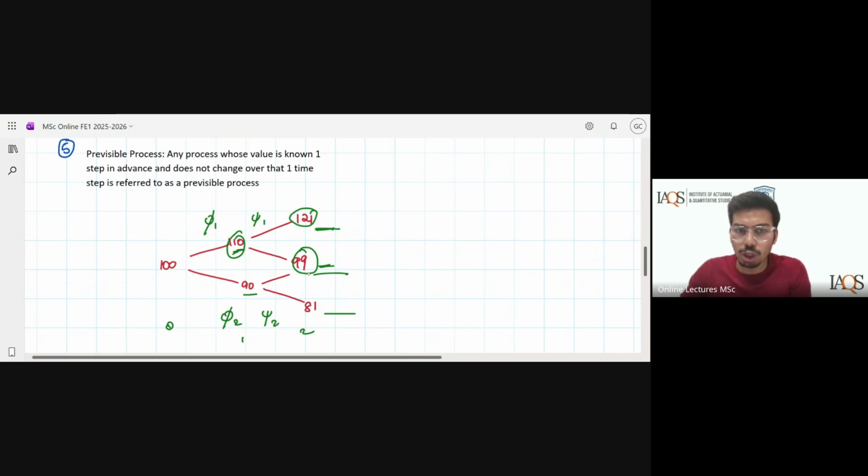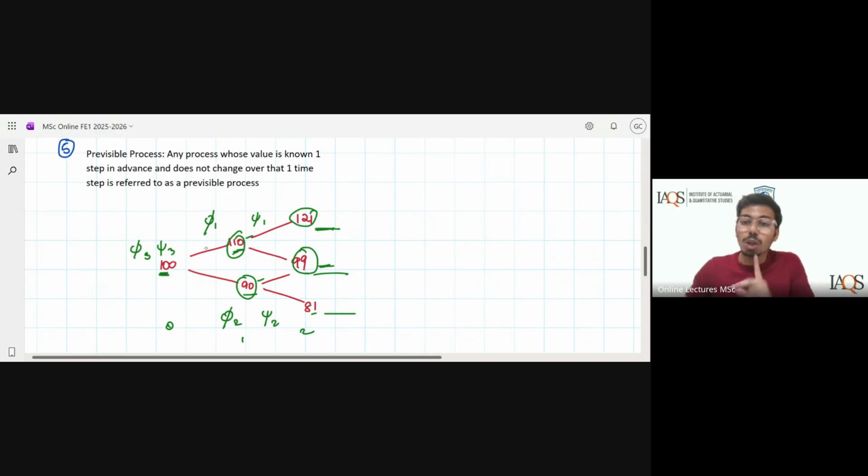Similarly, over here, whatever I need in order to replicate it at 99 and 81, I already know at time 90. Similarly, I know the value of phi and psi at time 0.